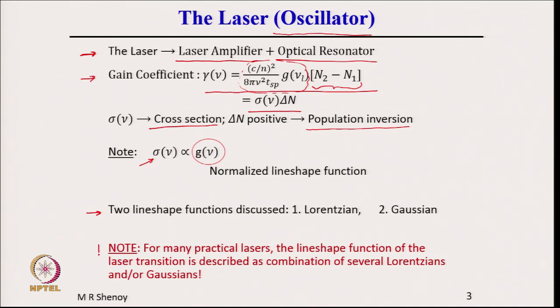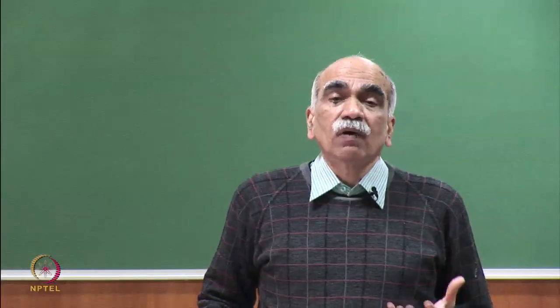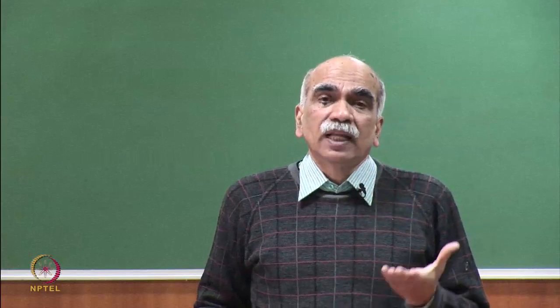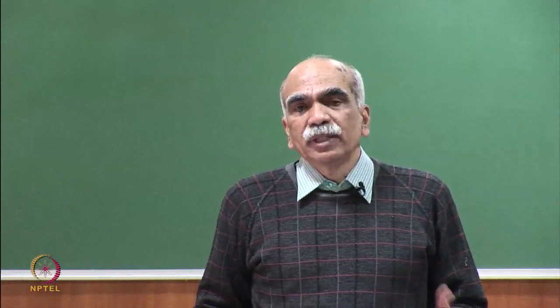However, a note here says that for many practical lasers, the line shape function of the laser transition may be described as a combination of several Lorentzians and or Gaussians. The point is, one Lorentzian or one Gaussian may not be able to represent the line shape function of the laser medium.